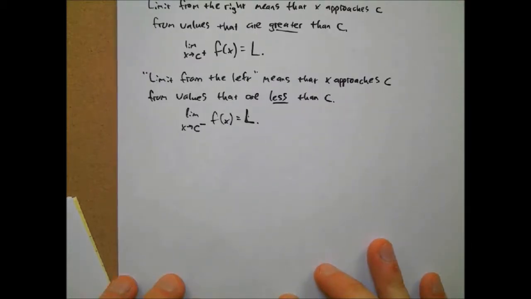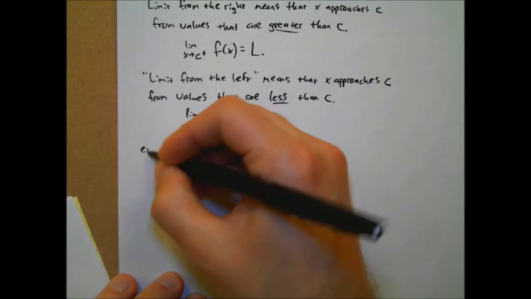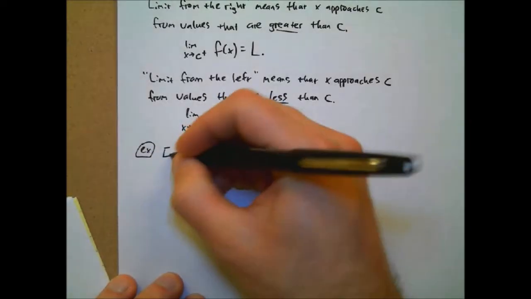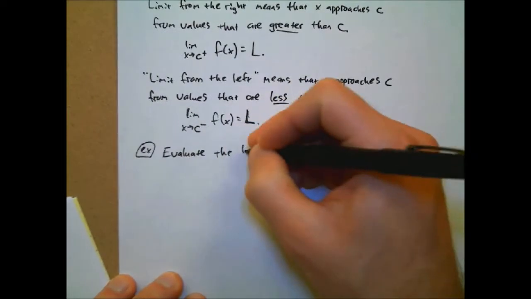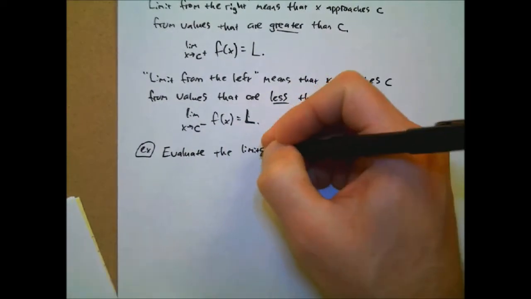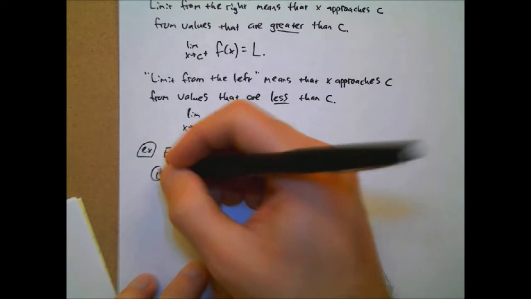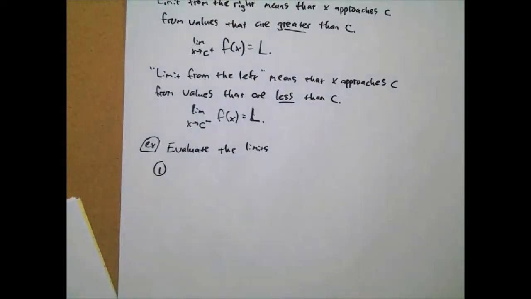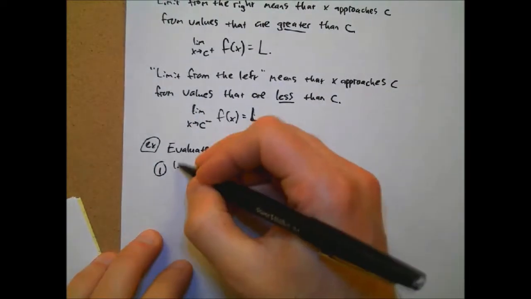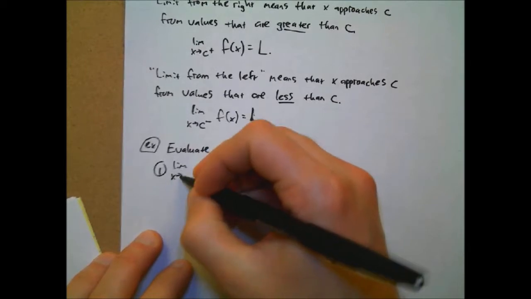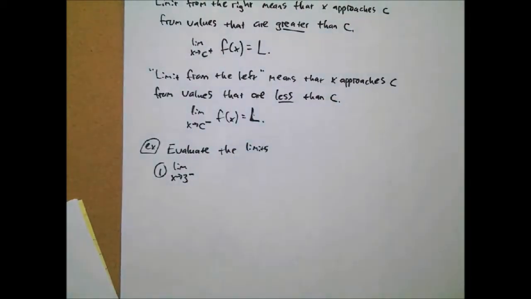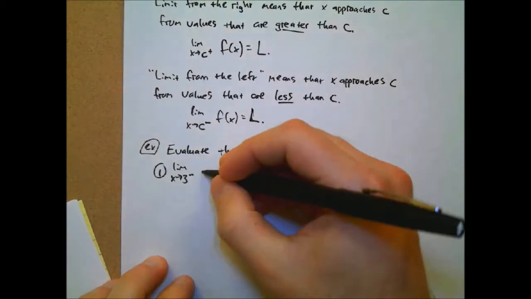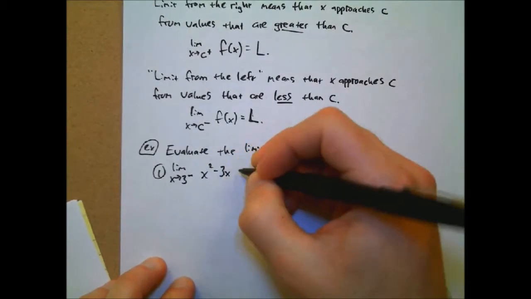Okay, so let's practice with it a little bit here. Number 1, we'll take the limit as x approaches 3 from the left of x squared minus 3x plus 1.